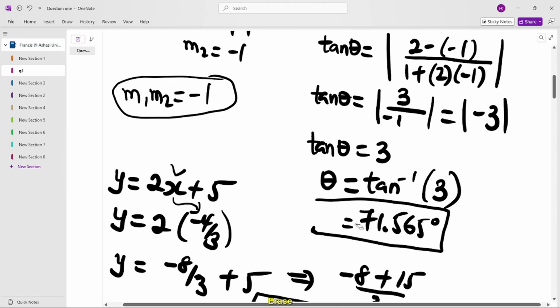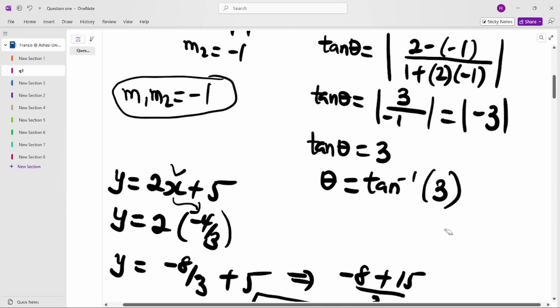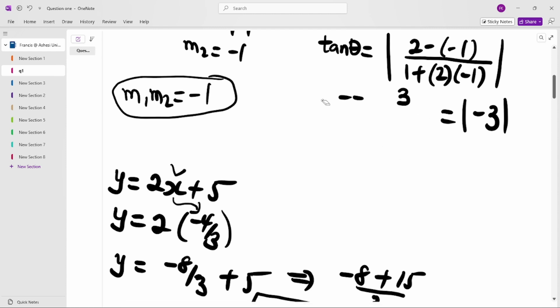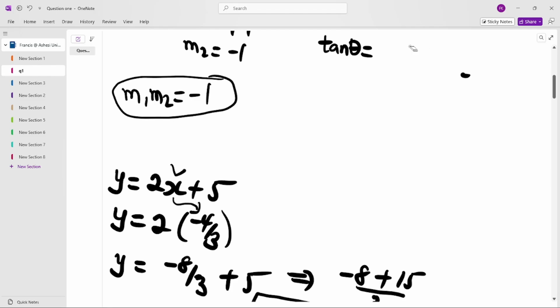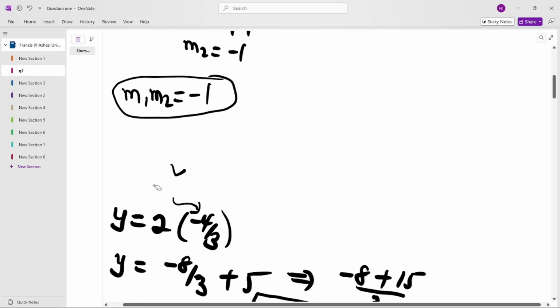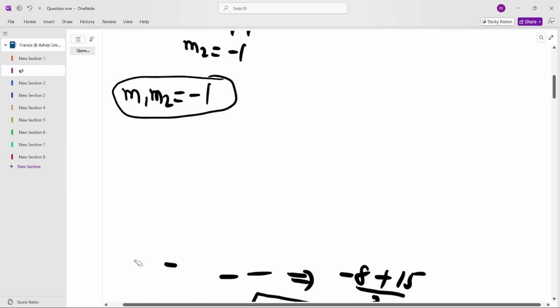So now let's go and test on the next equation. Let's find the angle of the next one, and then you guys will find the angle of the one that you solved yourself. So we are going over the same equations of lines. Right, let me clean this side.